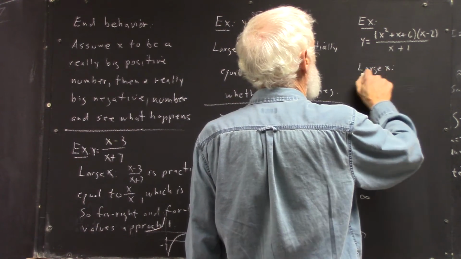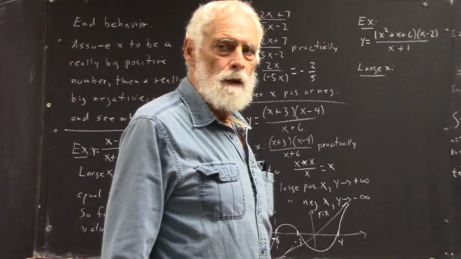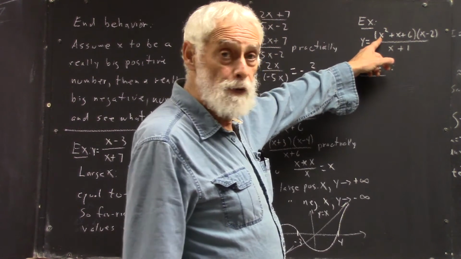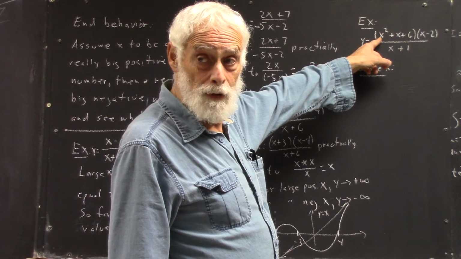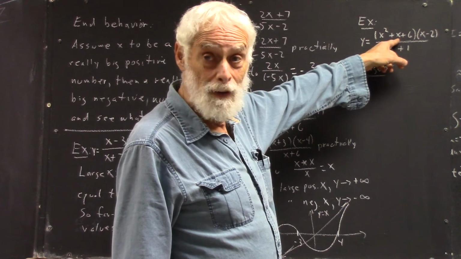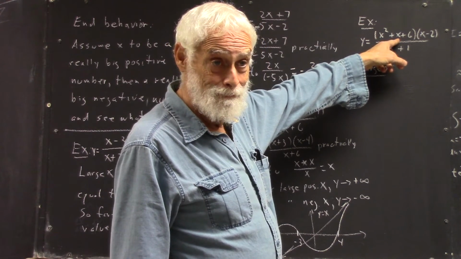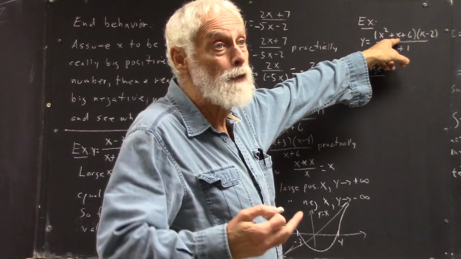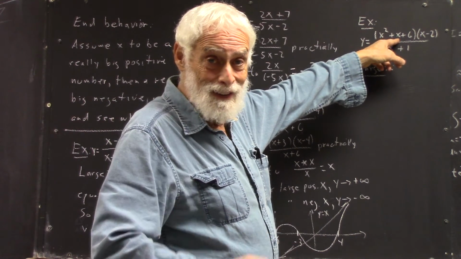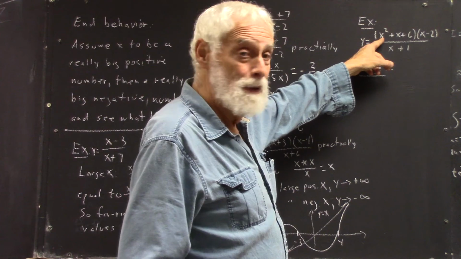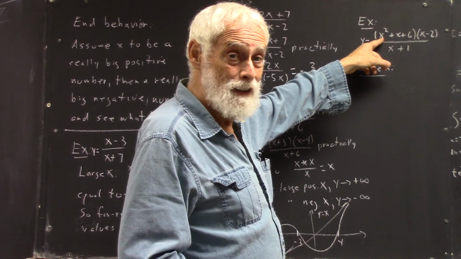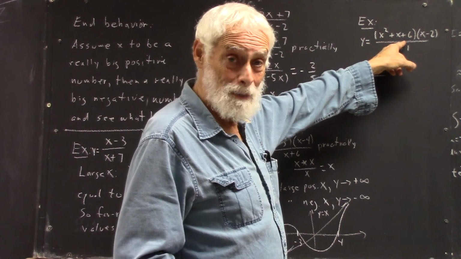For large x, well, if you square a large number, it's going to be a lot bigger than the number itself, right? If you square 100, you get 10,000, okay? So this number is going to be itself times this number.